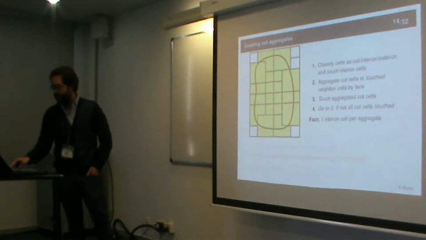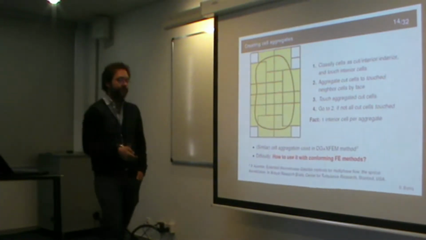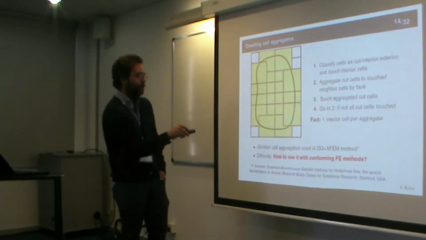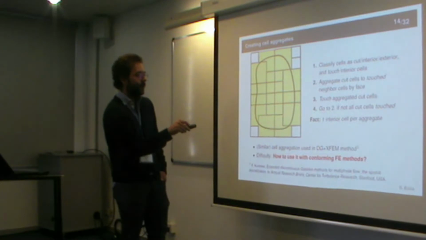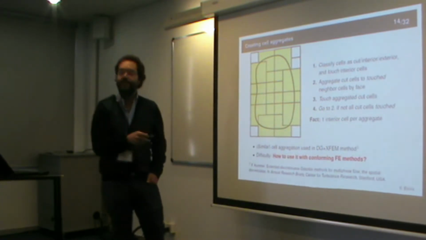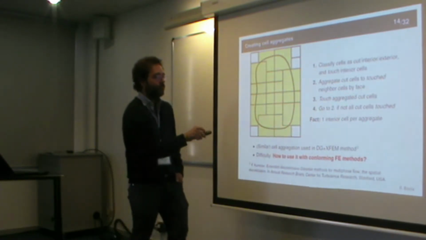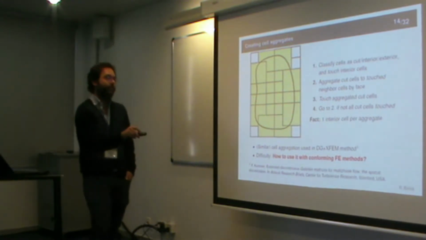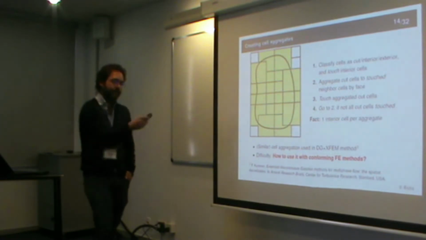So this is what we start with, and this is what people use, for instance, in finite volumes or in discontinuous Galerkin methods, because the idea is that now they put the polynomial of order k in every one of the elements, and since they don't have any kind of continuity to enforce, that's quite simple to do. So this is what people usually use in DG methods, more or less.